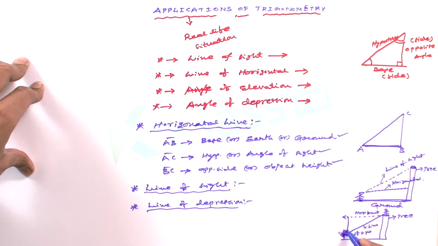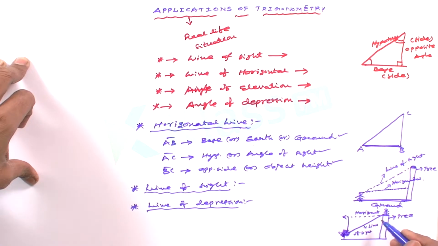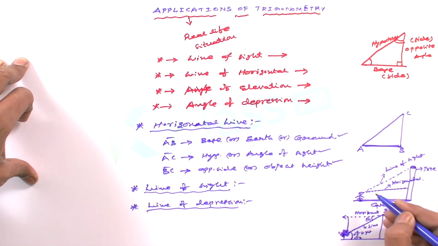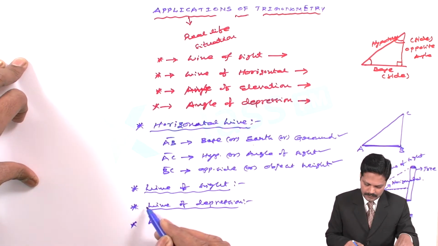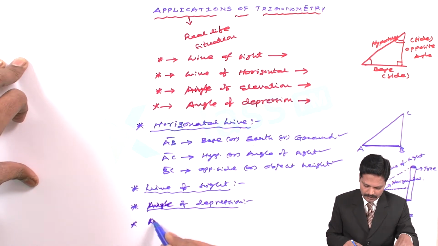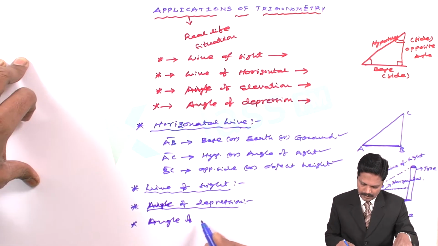The angle formed when watching downwards is the angle of depression, and it equals the angle formed at the bottom, theta 1 and theta 2. So why am I talking about line of sight and line of depression, and coming to angle of depression and angle of elevation.